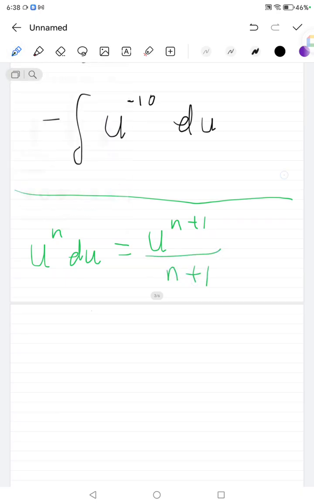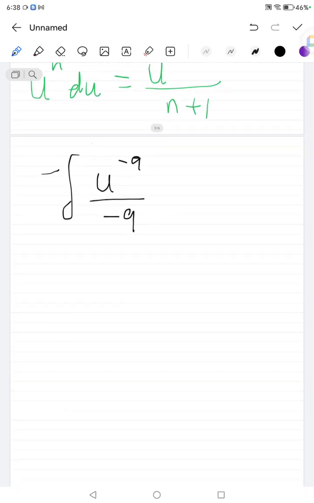So from that, what are we going to have? We have minus this, then we're going to be having our u to the exponent minus 9 over minus 9.